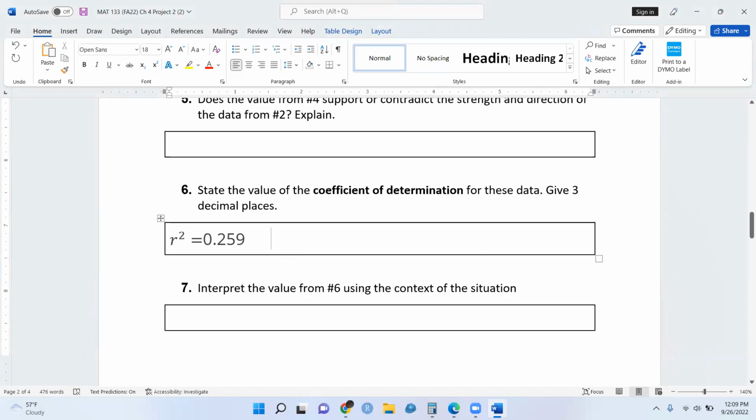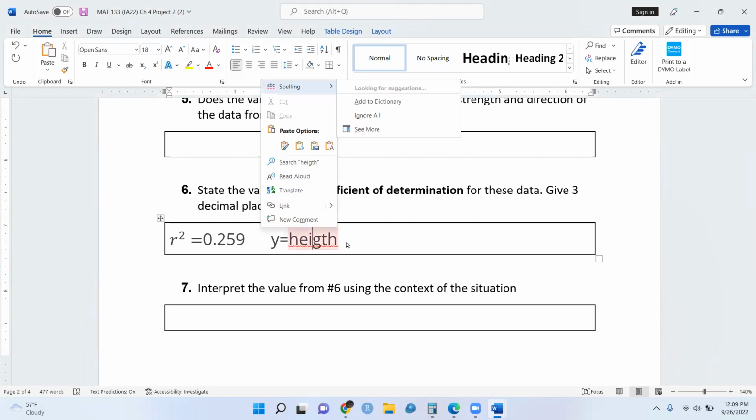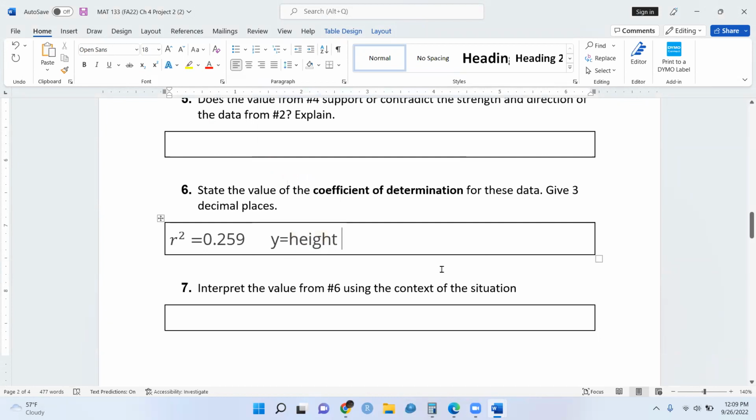Yeah, there you go. Okay, so Y represents someone's height. That's not how you spell it. That's the beauty of Word. There's how you spell it, height. So our interpretation is just that, now watch this, 25.9% of the variation in height is explained by the model.